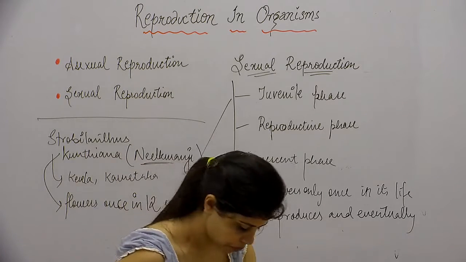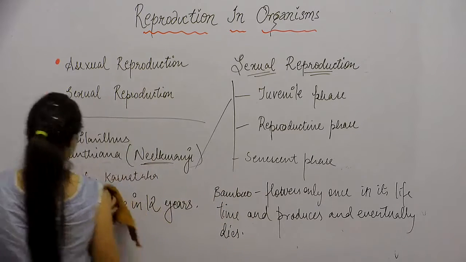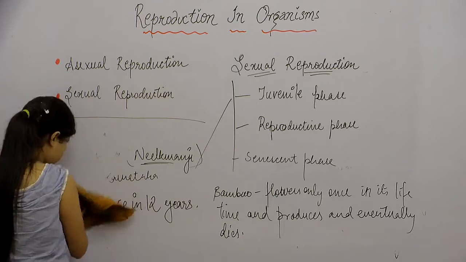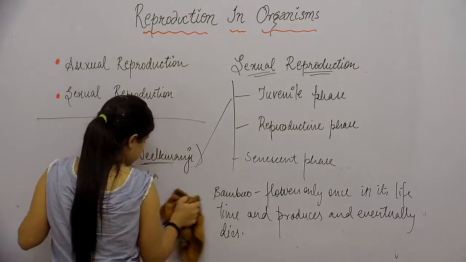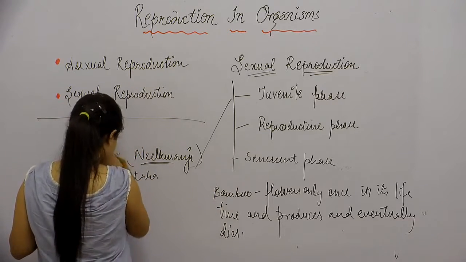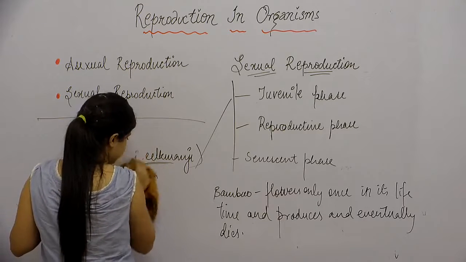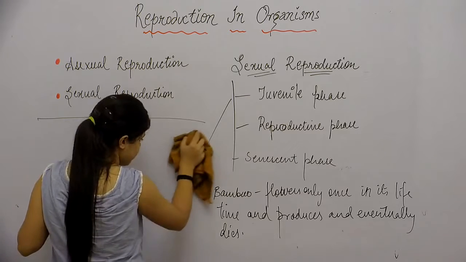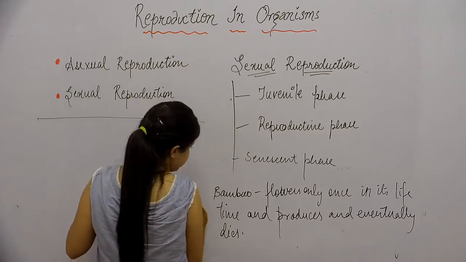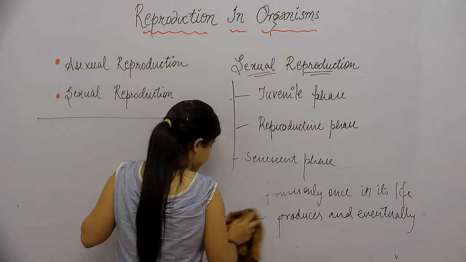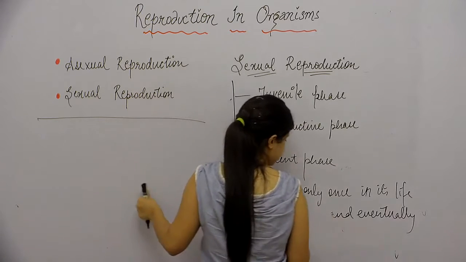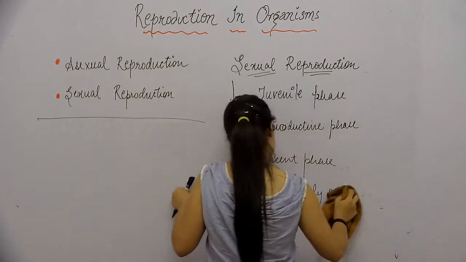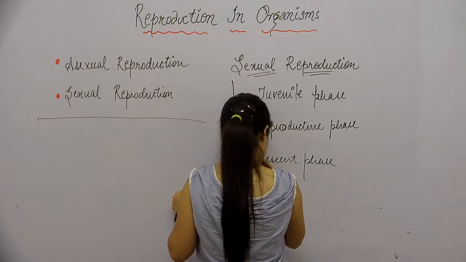Okay. So as we were talking about the reproductive phase, do you know the cycle of the reproductive phase which is present in the primates? That cycle is known as the menstrual cycle, whereas in the case of non-primates, that cycle is known as the estrous cycle.